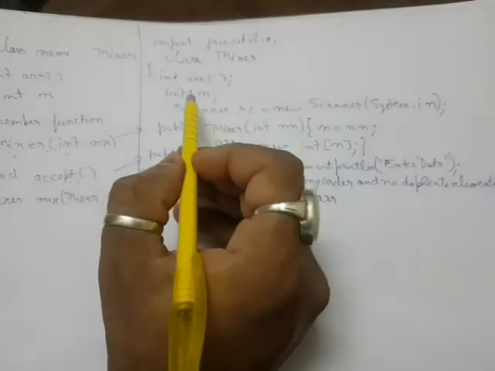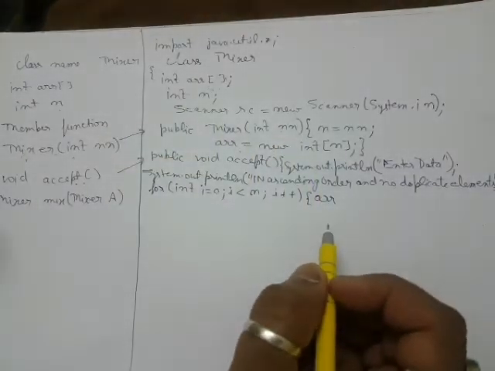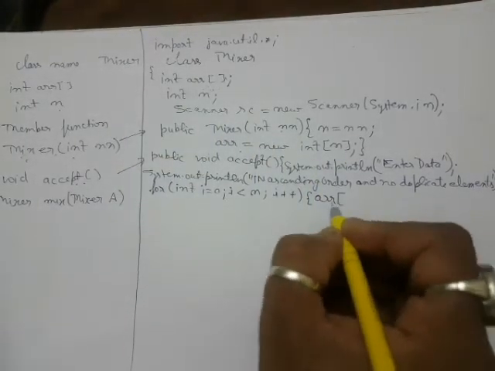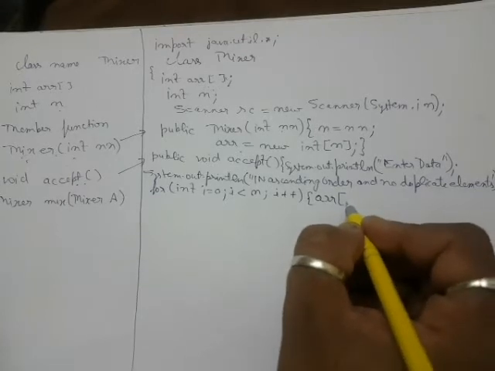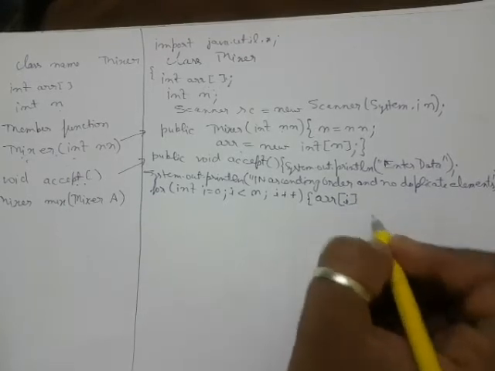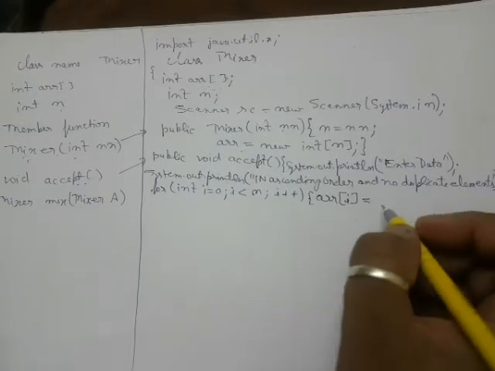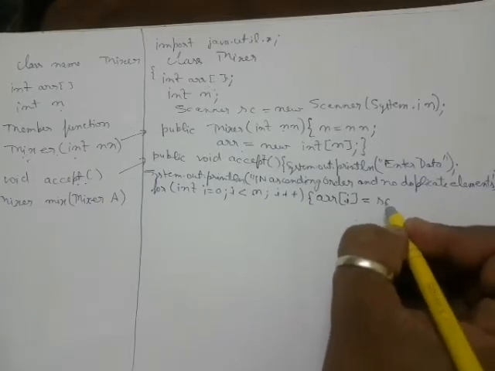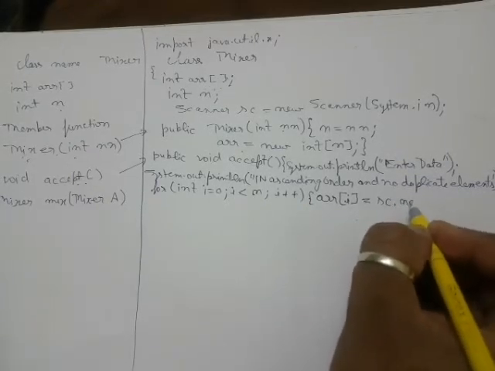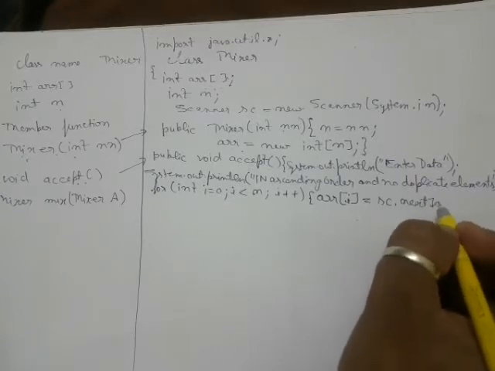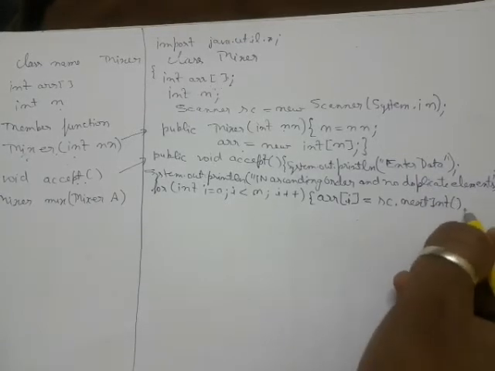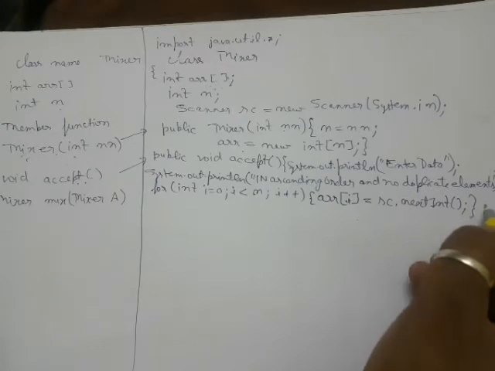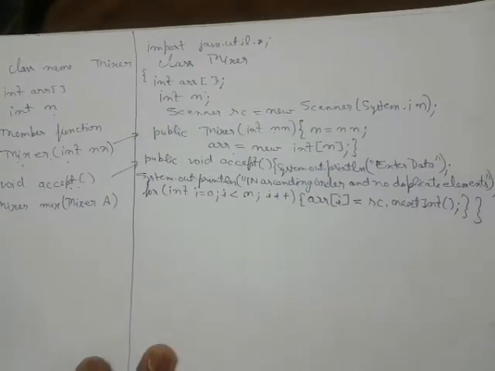It's the name of the array where I have to input the data, and I have to place the loop variable within it. So I will write arr[i] equals to sc.nextInt. That is meant for inputting the integers into the array. And now I close the loop and then I close the function.